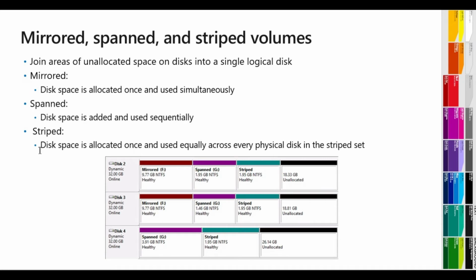And what is the stripe? Disk space is allocated once and used equally across every physical disk. That means you create striped, striped, striped, so it is allocated once and used equally across every disk in the stripe set.